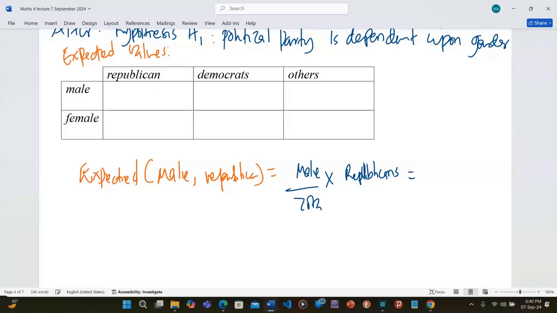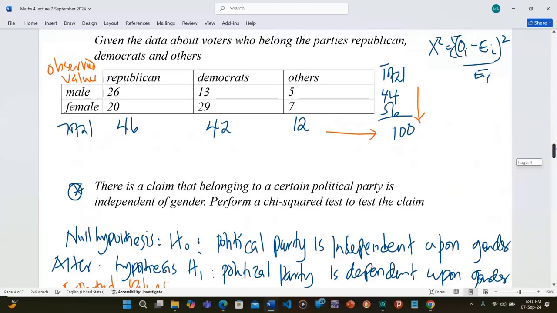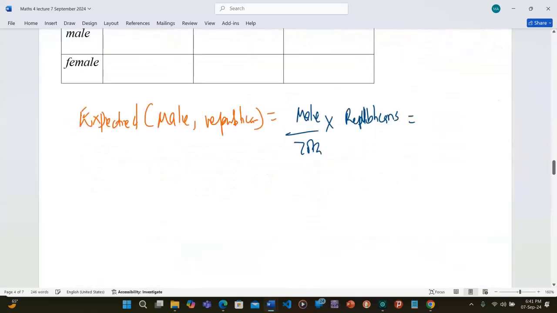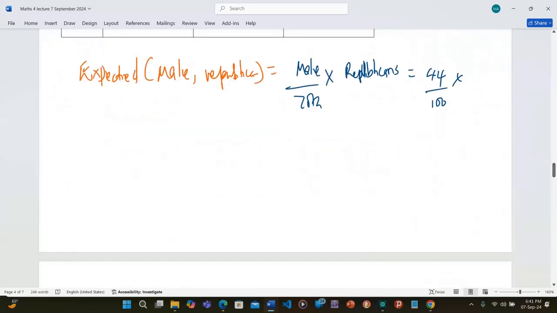So the total of males was 44 and the total of all individuals is 100. So we have 44 divided by 100, times the total of the Republicans, which is 46. And the value is 20.24 if you calculate it very well.